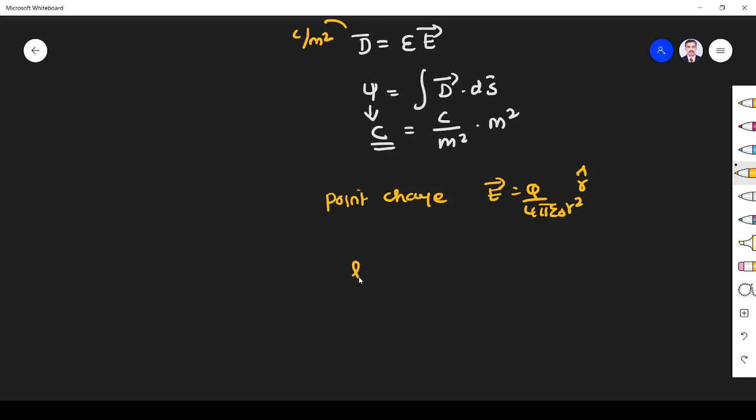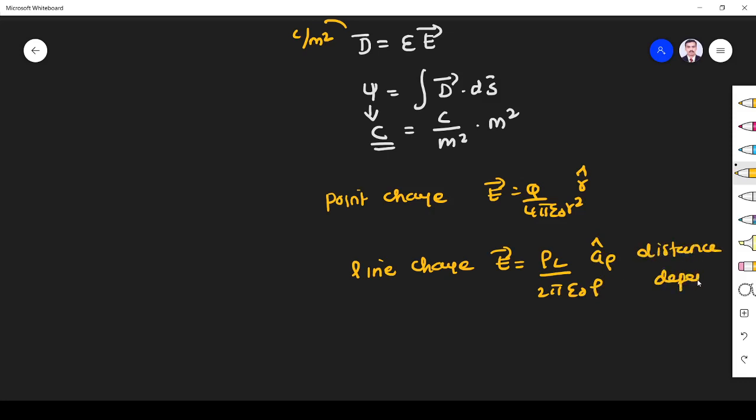Electric field due to line charge is given by E is equal to rho L by 2 pi epsilon naught rho, a rho. You see, this is dependent on distance. R is a distance, so it is also distance dependent.